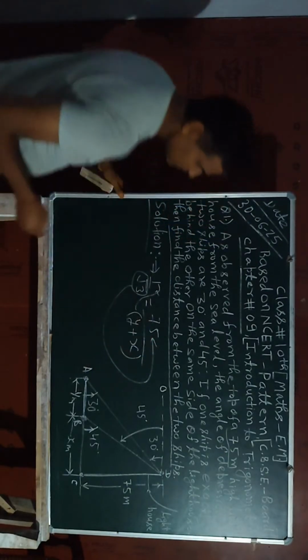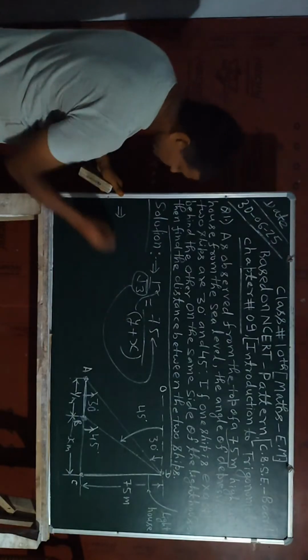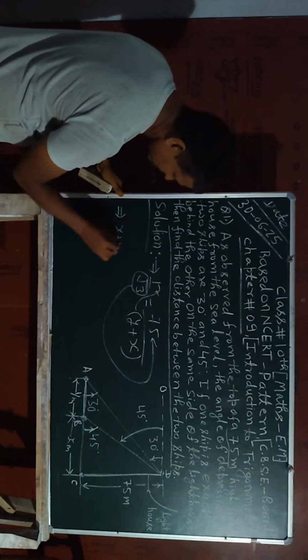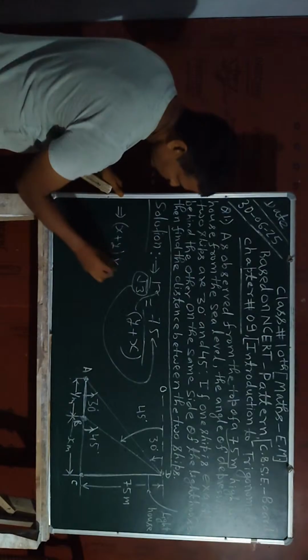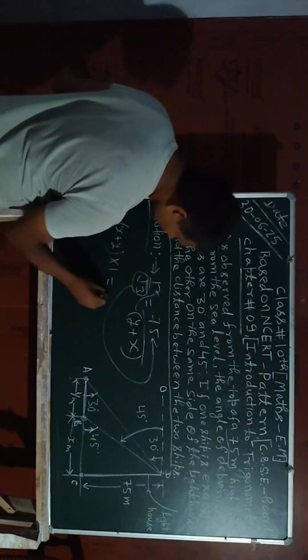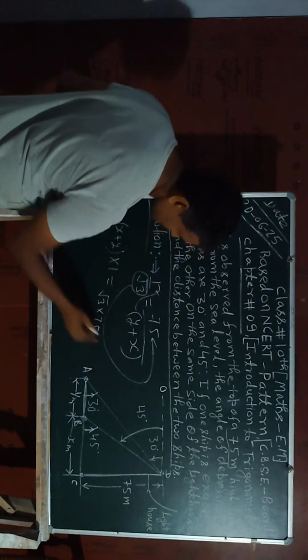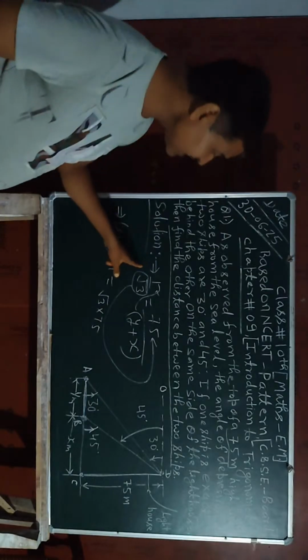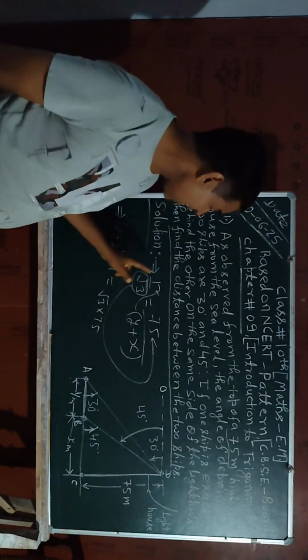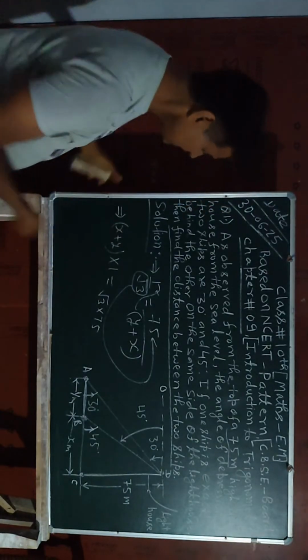So here I will put X plus Y into 1, which is equal to, since the equal sign is available, root 3 into 75. So here I have done cross multiplication to simplify this expression. After simplifying I have written here.